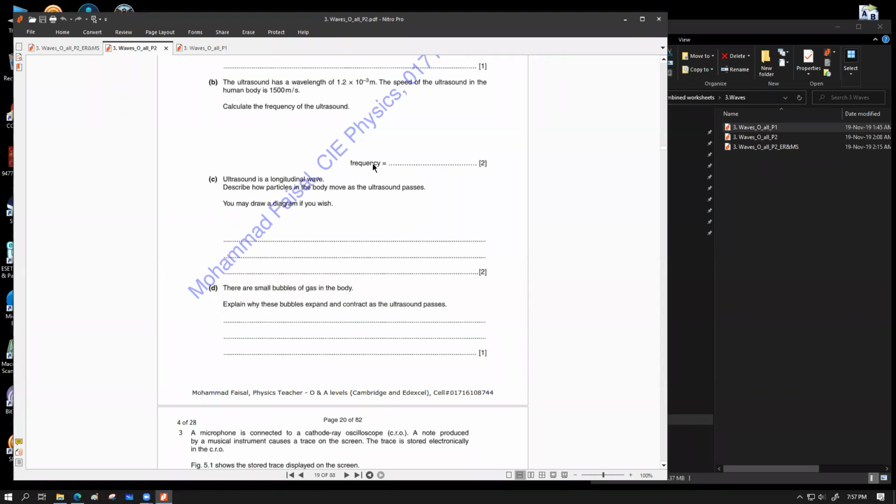The key idea for question D is that sound produces a series of high pressure and low pressure, or compression and rarefaction, regions. So whenever the ultrasound passes through the medium, the intermolecular spacing of those particles will also change.